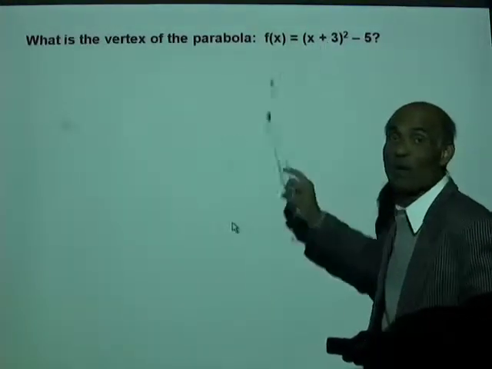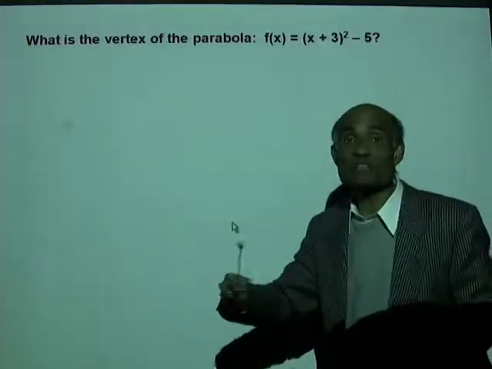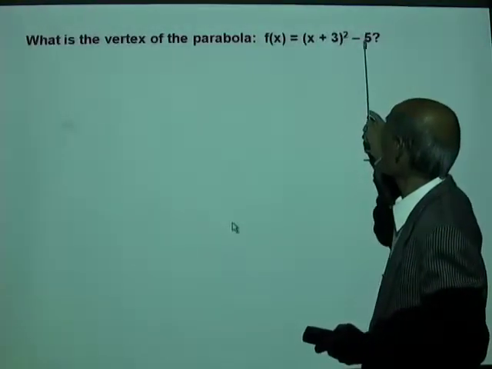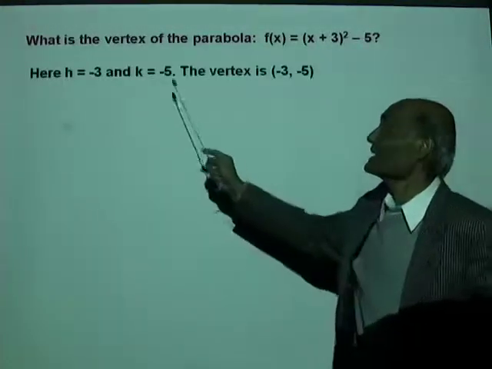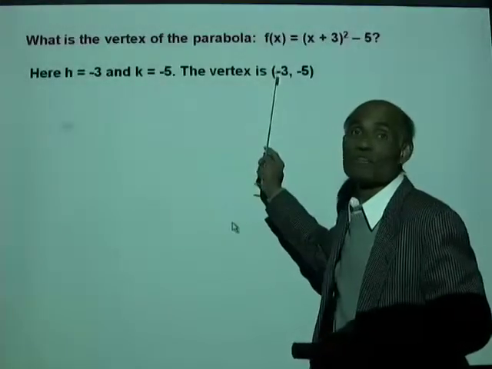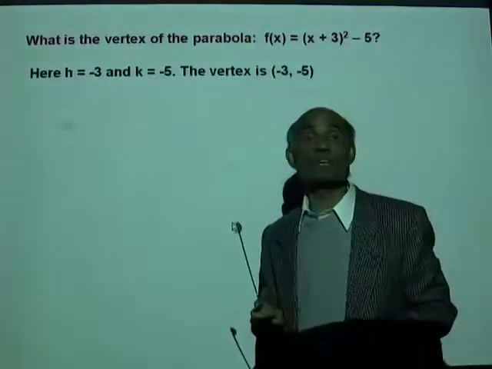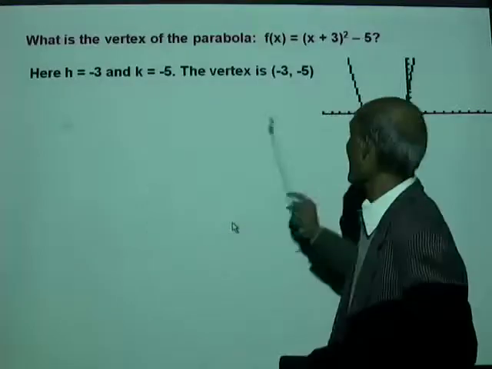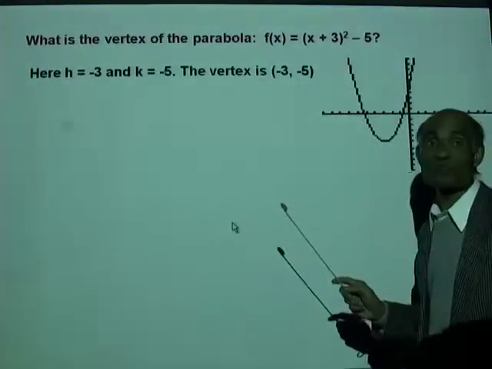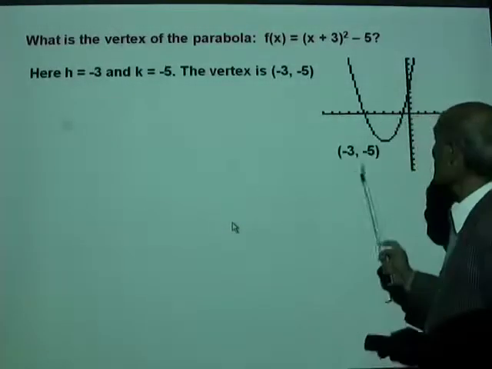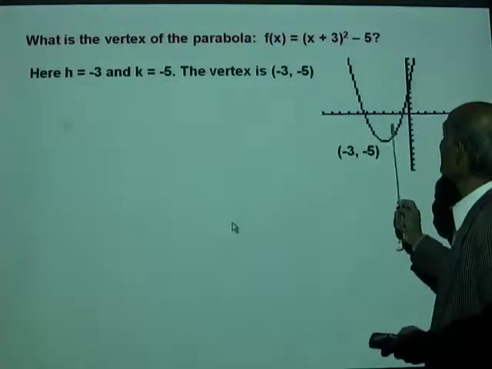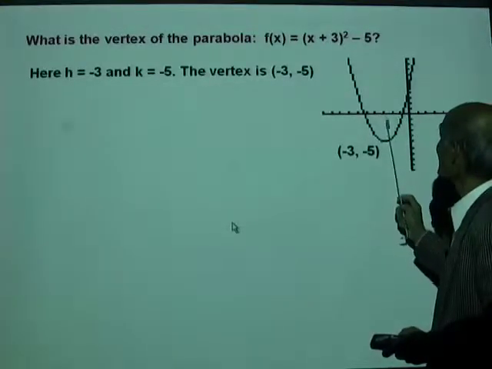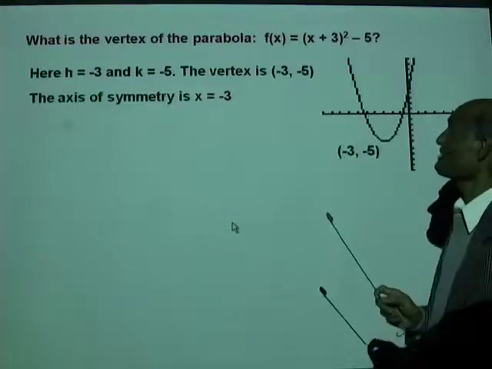When that sign is positive, h is negative. So h is -3 and k is -5. The vertex is -3, -5. And that is actually the parabola I just drew some time ago for you. This is the vertex, h equal to -3, k equal to -5.